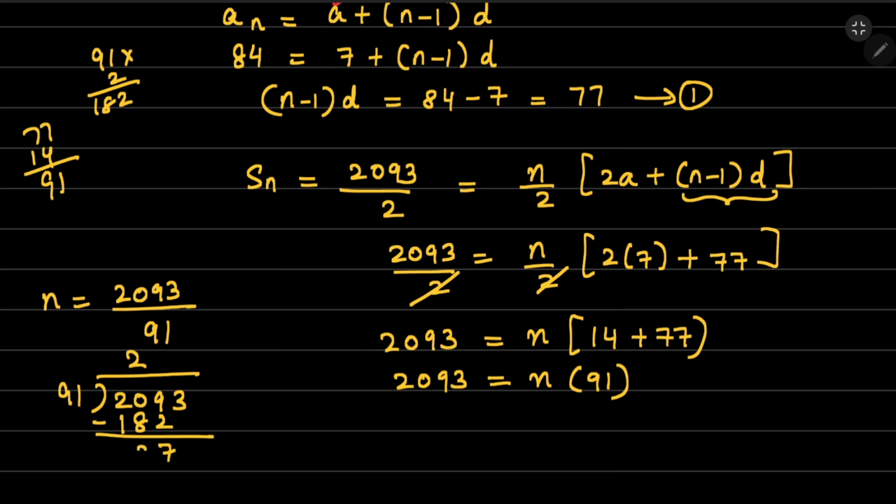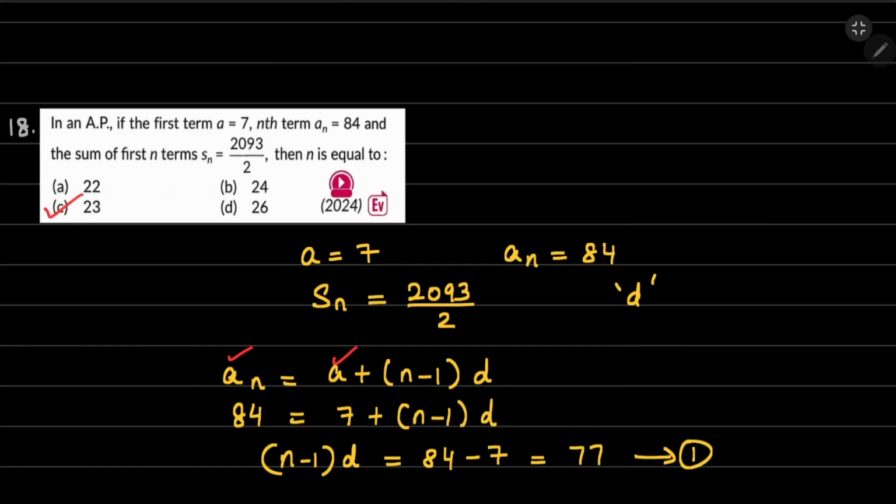So 7, again 2, 273. So 91 into 3 is 273. What is the value of n that you're getting? 23. On dividing 2093 by 91, you'll be getting 23 as your answer. The correct answer is C, 23.